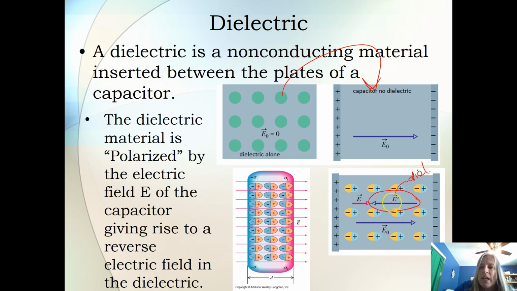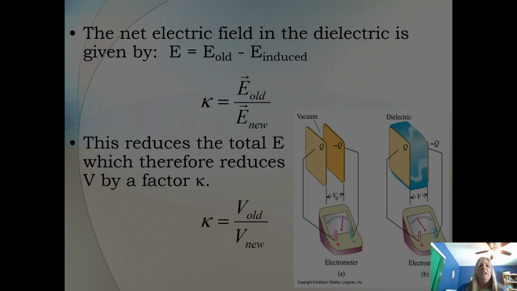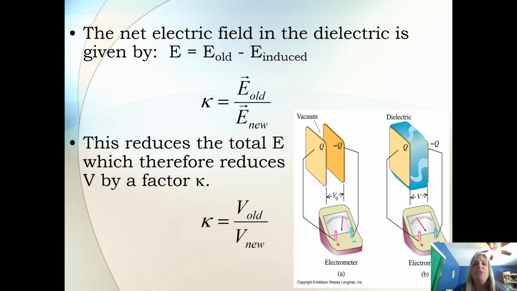And so my new electric field between these plates is going to be the sum of those two things, the original electric field without the dielectric and this reverse field due to the dielectric. So the net field, the new field, is the difference between the old field and this new induced electric field in that dielectric.